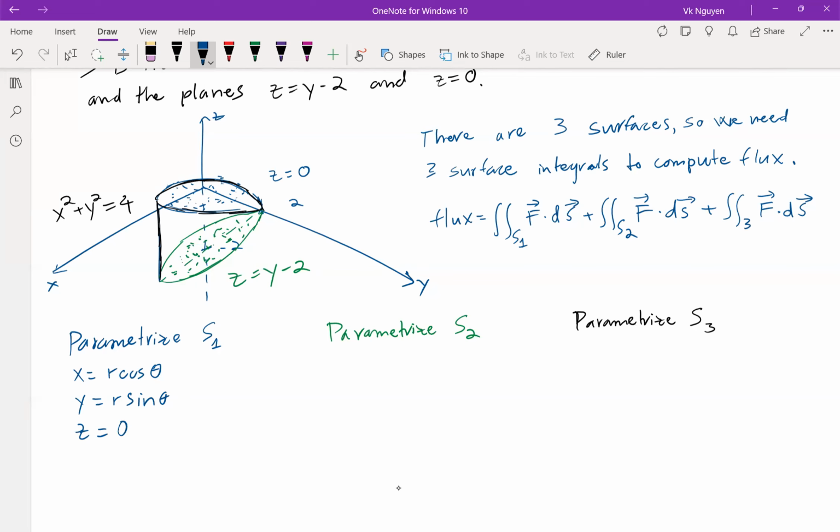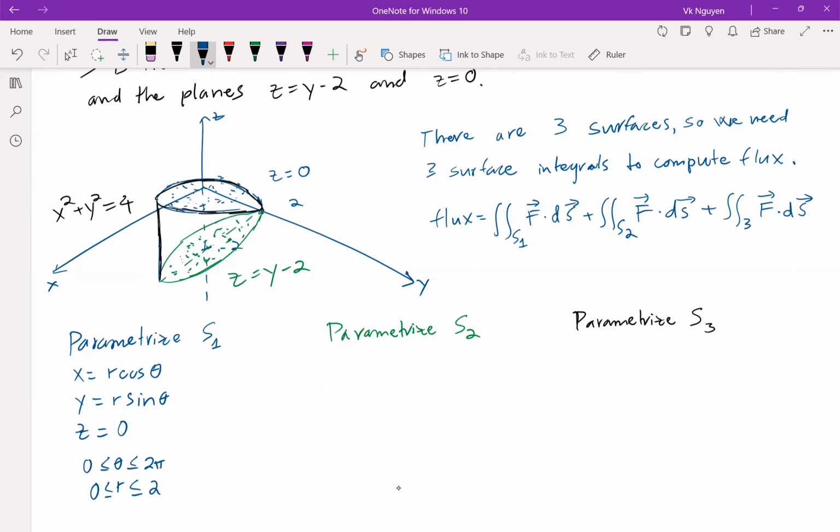Okay, so that is the first one. The angle and the radius: 0 less than or equal to theta less than or equal to 2 pi, and the radius is 0 less than or equal to r less than or equal to 2.